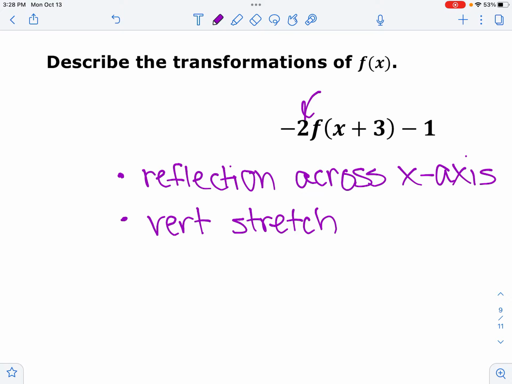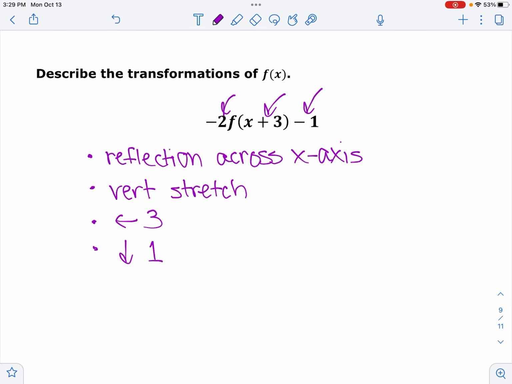So that'll make it a little skinnier. This plus 3, normally move it to the right 3, we'll move it to the left 3 units. And then the negative 1, we'll move it down 1. Slide it down 1. There's all the transformations, and that's it.